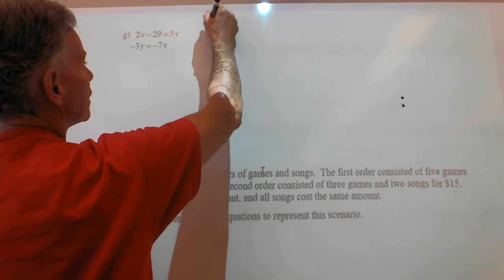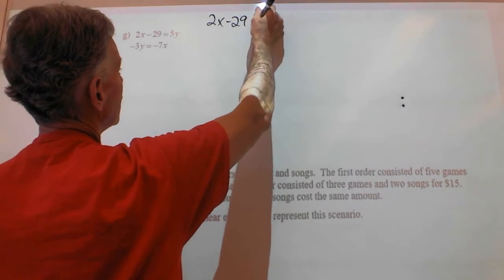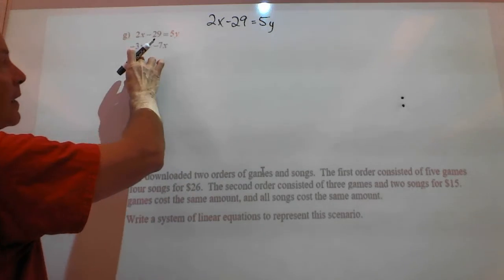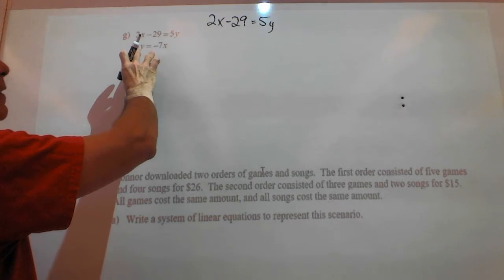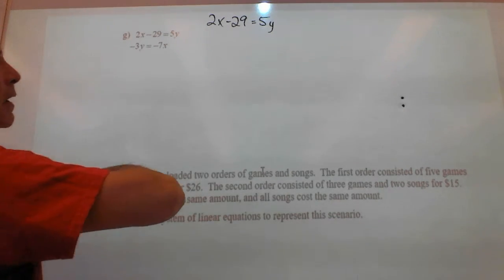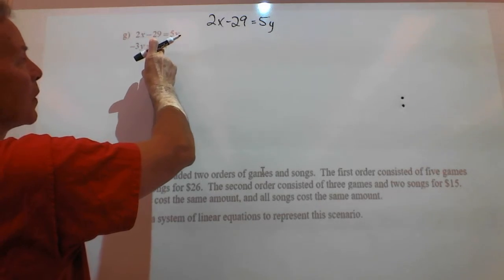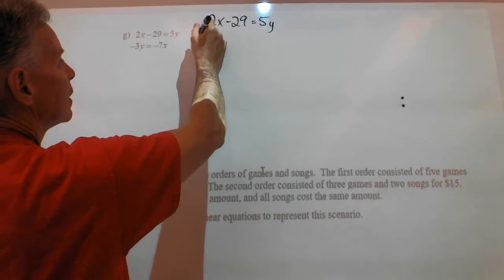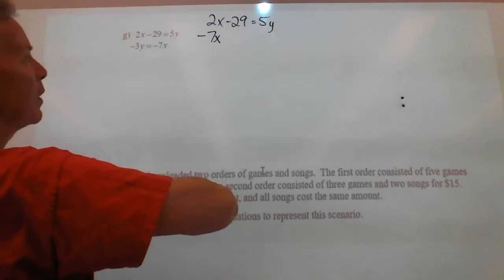I'm just going to rewrite this, 2x minus 29 equals 5y. Okay? And this one, I'm going to write it so that the terms line up. I'm just going to flip this equation over, and the negative 7x will be here under the 2x.